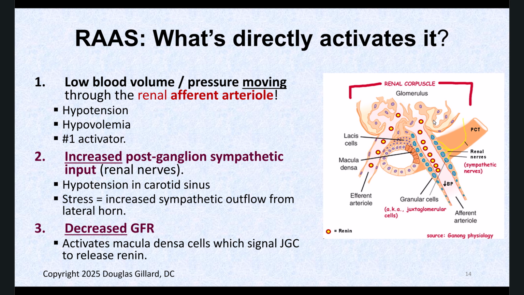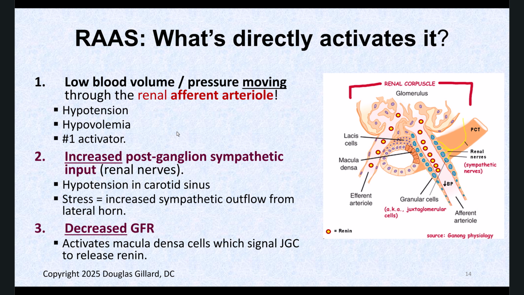Remember, afferent arterioles feed the glomerular capillary, aka glomerulus, and we have the efferent arteriole here. But yeah, low blood pressure will stimulate these cells to release a hormone called renin. And that's these little red and or yellow dots. That's renin. We'll talk about what that does in a bit.